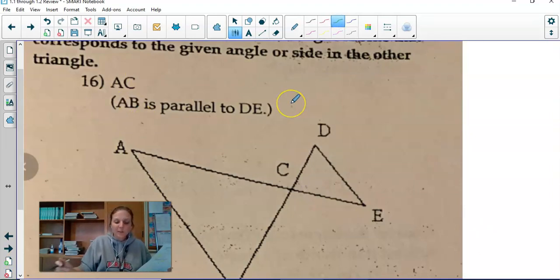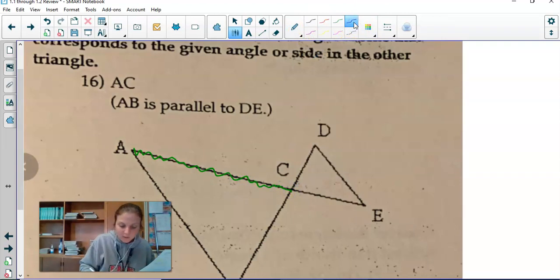So in this example, they give you a side, AC, and they tell you that these two sides are parallel, AB and DE. So if you take your paper and you can turn it, if you can't, that's okay too. These are the parallel lines. That means these other ones would be like your alternate interior, alternate exterior, or whatever.